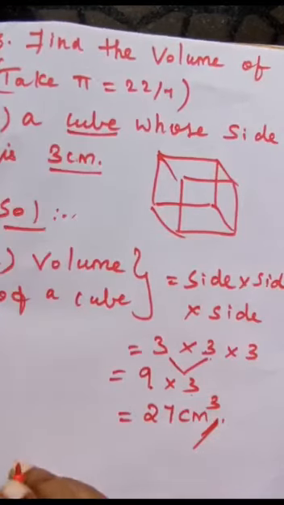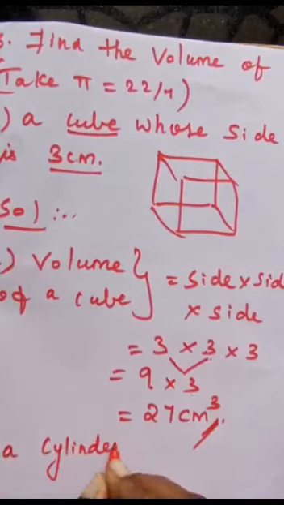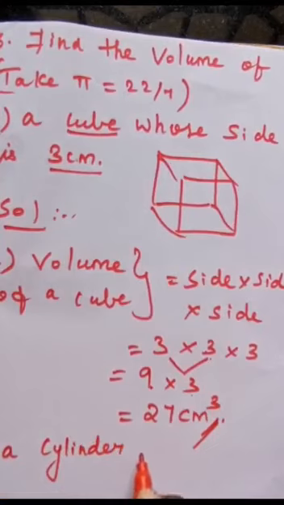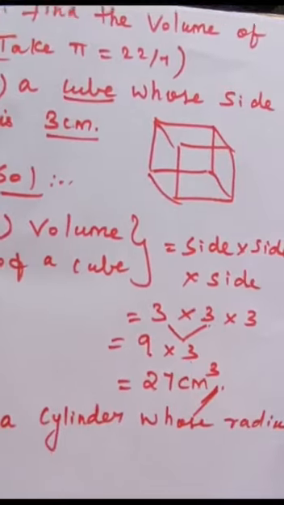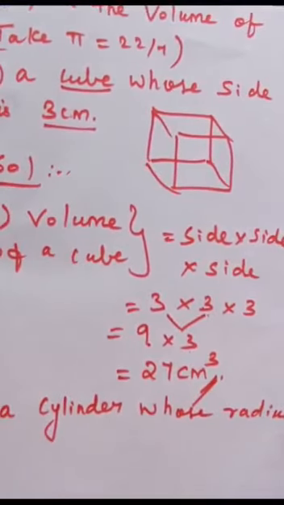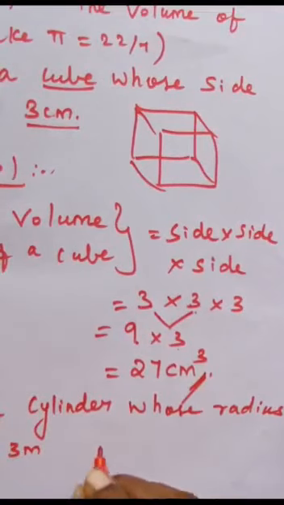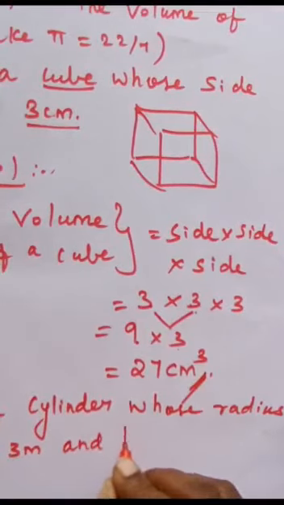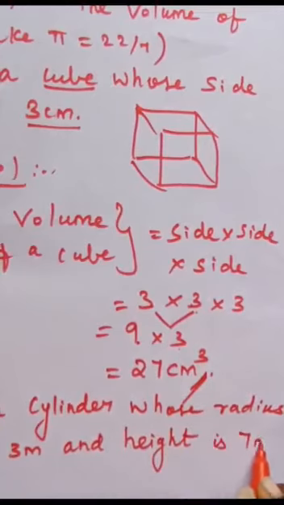Next, they have given a cylinder. A cylinder, that is the next, second question, second option in the third sum. A cylinder whose radius is 3 meter and height is 7 meter.